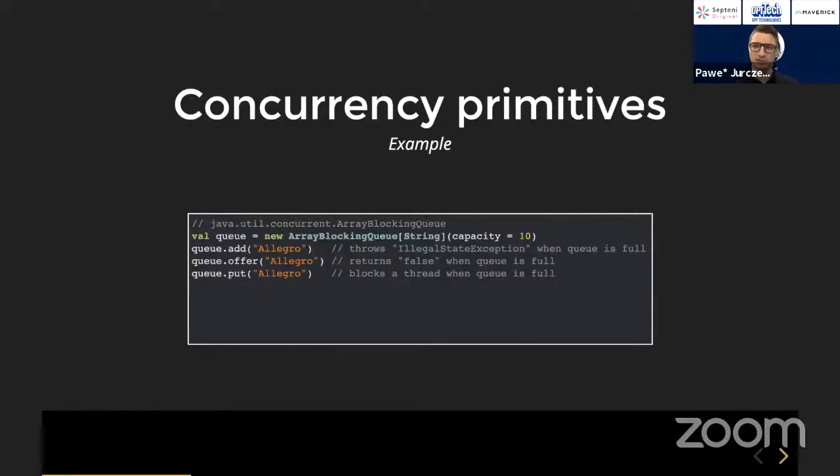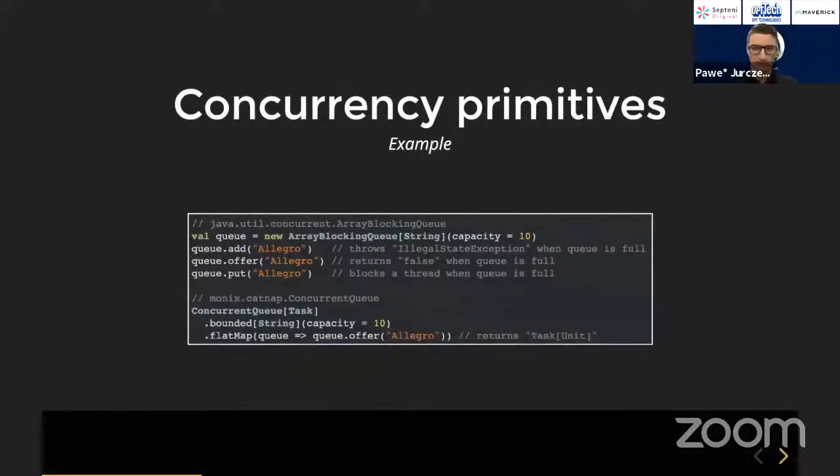Okay, so as you can see, we have three options and none of them is perfect. All of them have some drawbacks. Can we do something about it? Well, of course we can, but we would have to use a different implementation of a queue, an implementation that will be running on top of green threads instead of directly on JVM threads. For this purpose, I'm using the Monix library and its concurrent queue data structure.